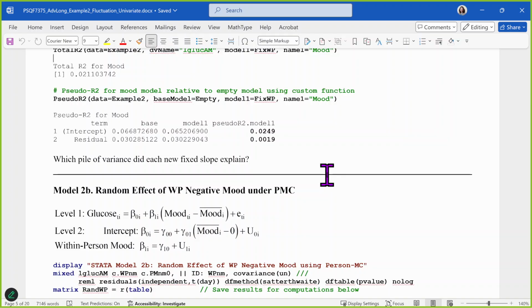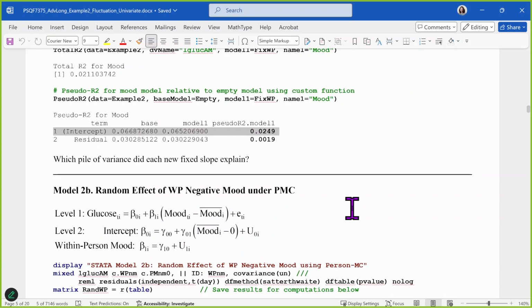This is going into each model equation that has some kind of residual, so at level 2 for the random intercepts, at level 1 for the within-person residuals, and asking of that kind of variance specifically, how much did the model account for? So in our case, we have explained about 2.5% of the intercept variance.